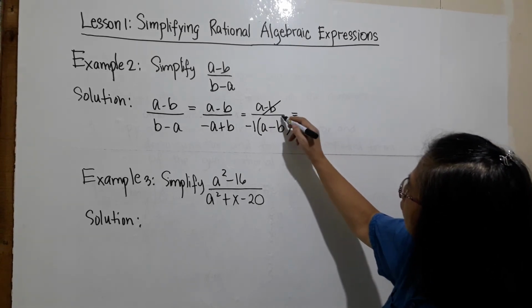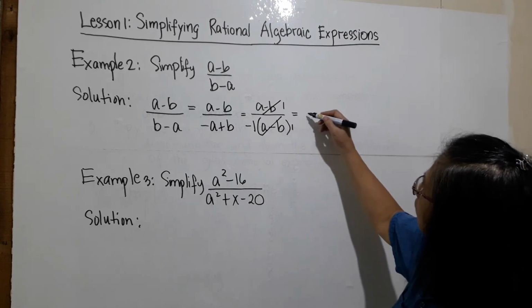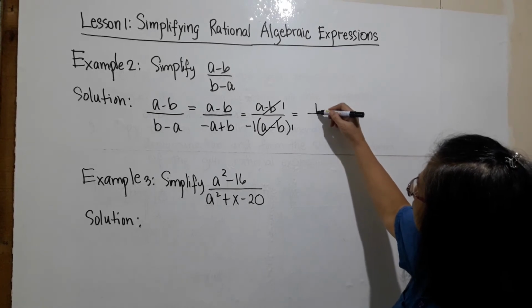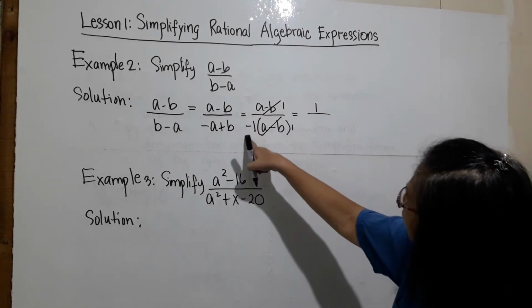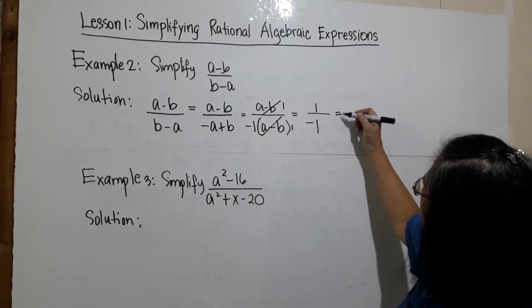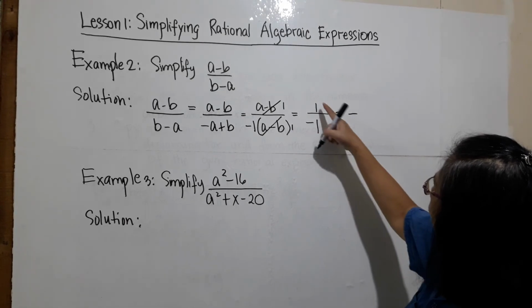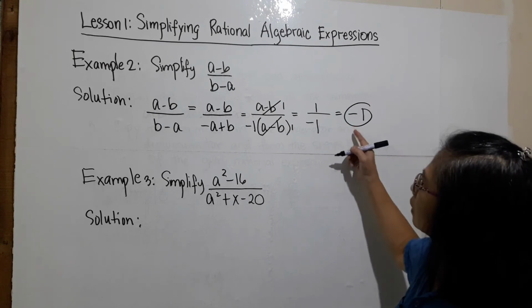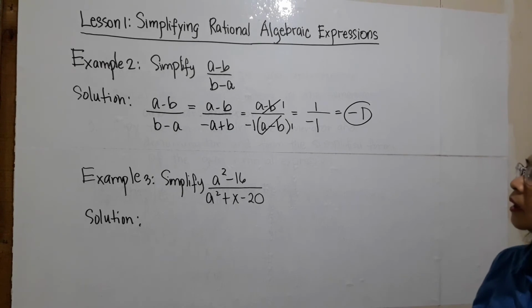So cancel, cancel. So this means 1 and 1. So we have 1 for the numerator and negative 1 times 1 here is negative 1. And then positive times negative is negative. 1 divided by negative 1 is negative 1. So this is the simplified form of a minus b over b minus a.